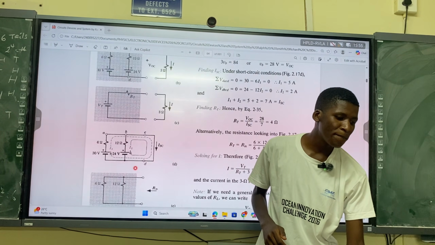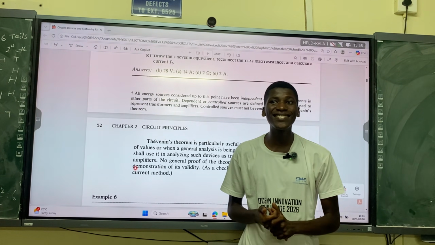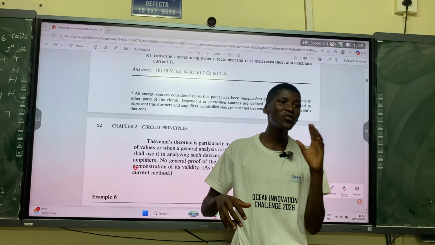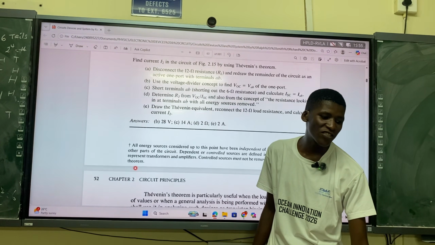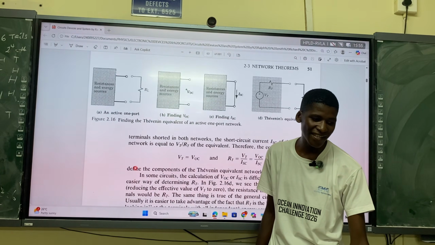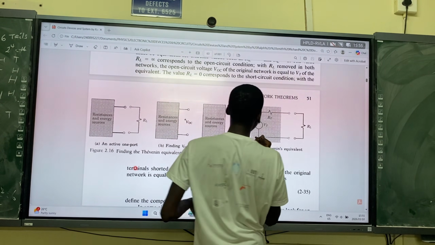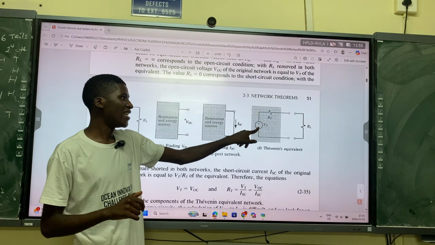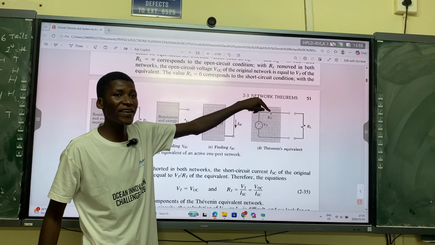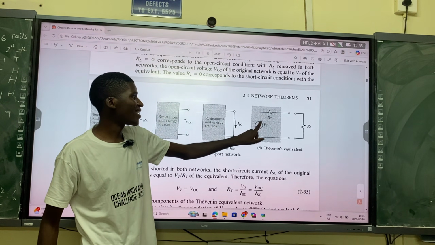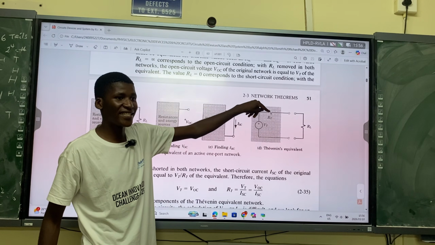If we have a combination of voltage sources and resistances, we can find the total resistance, or Thevenin's resistance, and then the Thevenin's voltage, VT, combined with RT, which is the Thevenin's resistance.